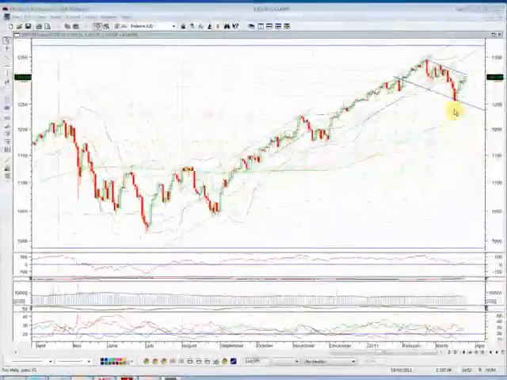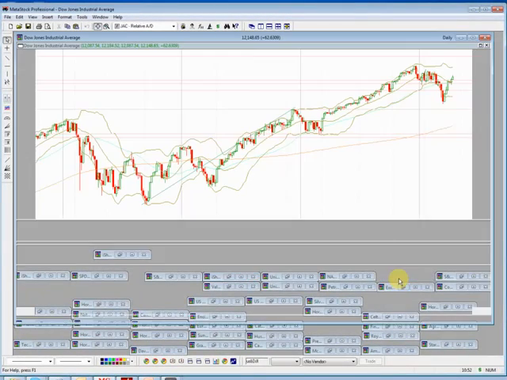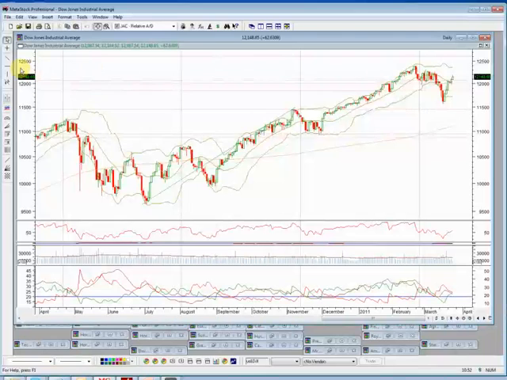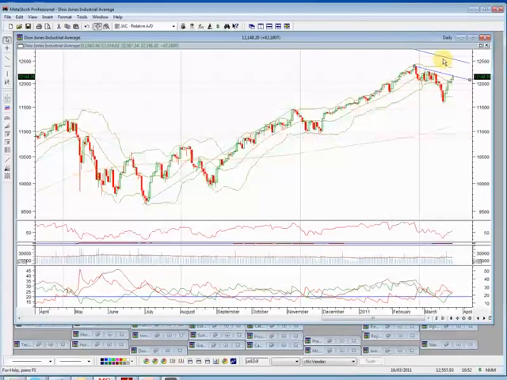So let's move back to the charts. So that was the S&P 500. Let's take a look at the Dow. The Dow also is reaching a trend line here that I'm going to draw, and I will create a channel here too that we will be watching in the next few days if we start trading lower.